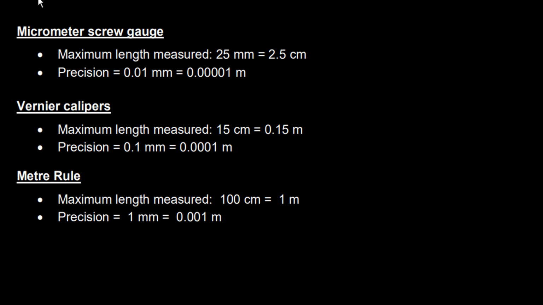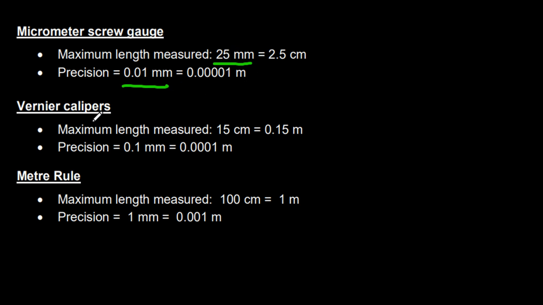The first one is the micrometer screw gauge, and we can just call it the micrometer. It can measure a maximum length of 25 millimeters. So you have to memorize this. The precision or resolution of the micrometer is 0.01 millimeter. So you have to memorize these two values, and you can always convert it to centimeters or meters where necessary.